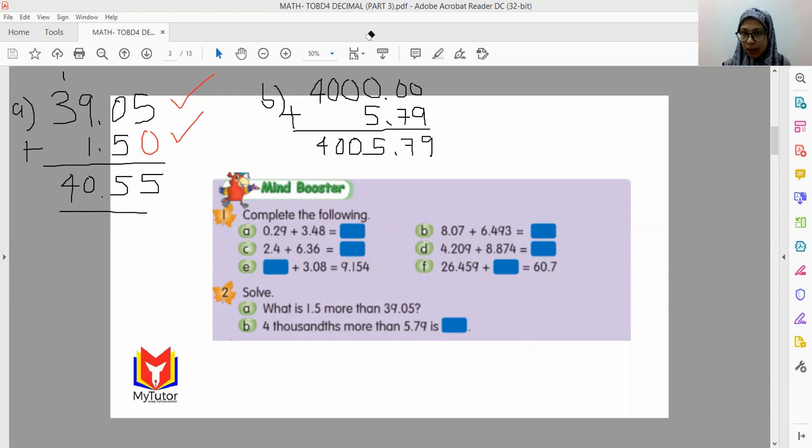So we have a number that is 4,000 bigger than 5.79. So what is 4,000?